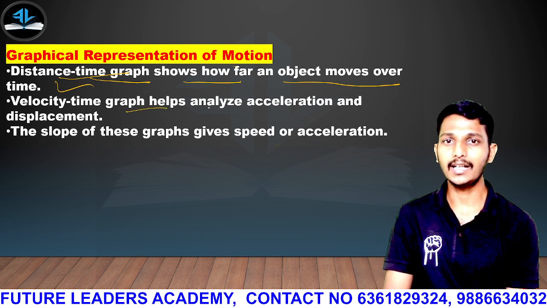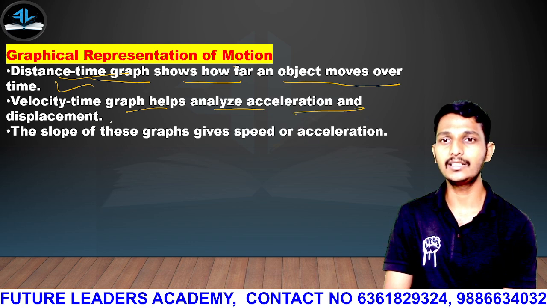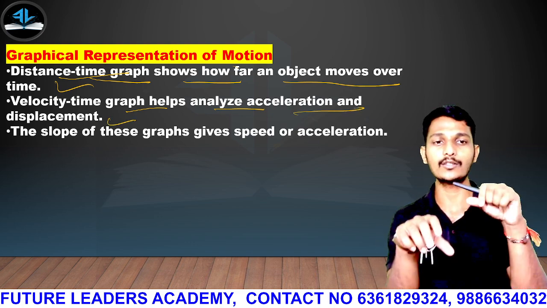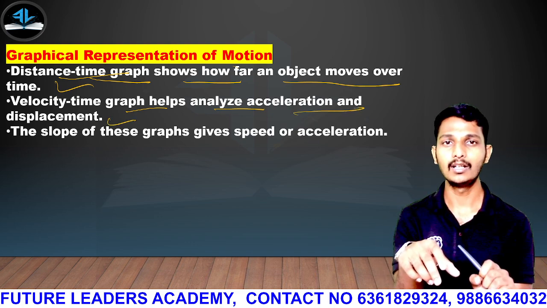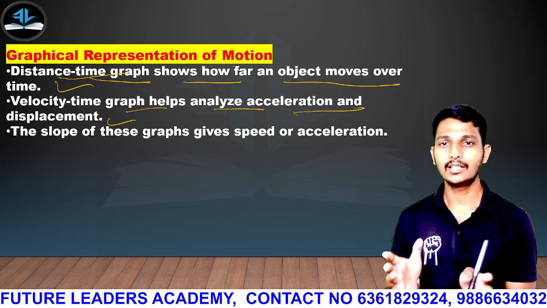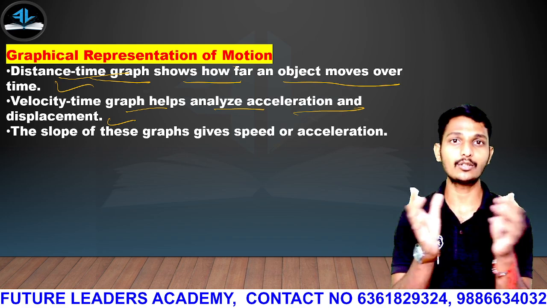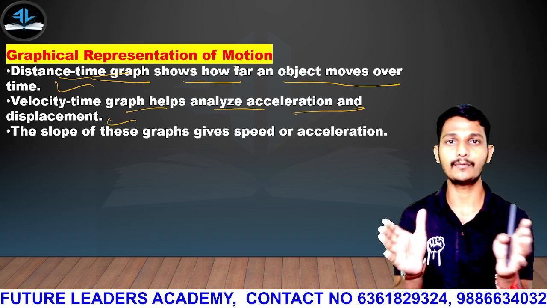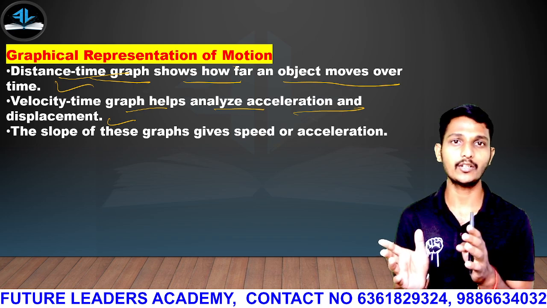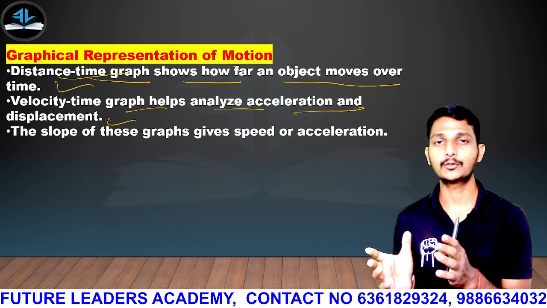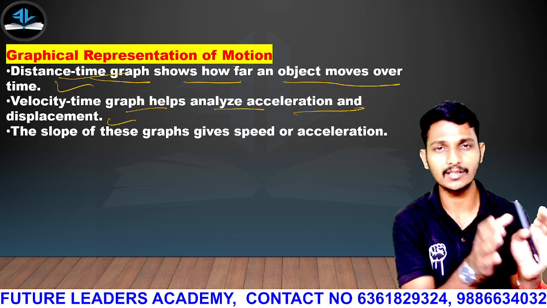The velocity time graph analyzes the acceleration and the displacement. Acceleration means how much you have speeded up or slowed down, and displacement is how much distance you have traveled. Displacement is the change from initial position to final position, the shortest distance.